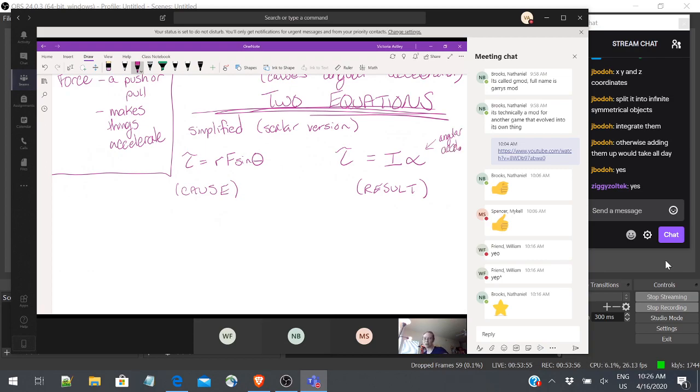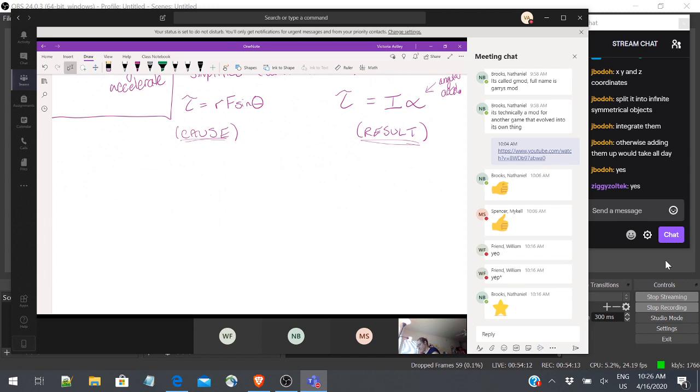Which one you use will depend on your problem. Often you will use both. Often you will use the cause to find torque and then use the torque to find the rotation. Okay, so we're going to talk about the cause first. So, cause equation.